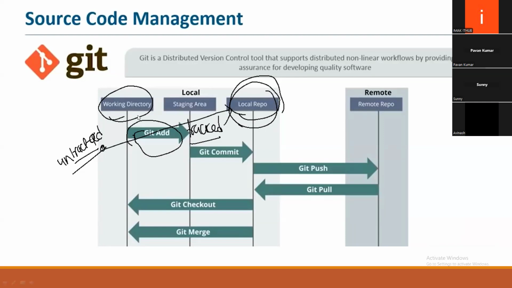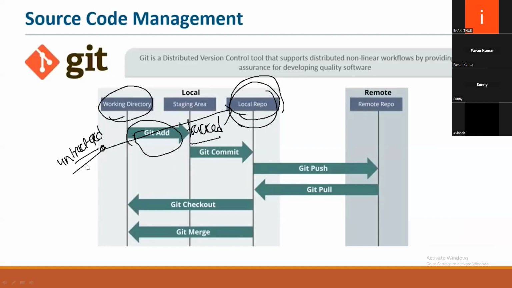So the staging area. Once a file is created, Git doesn't know whether it is a Git file or not. How can you make Git know? By using the git add command. So this is an untracked file.